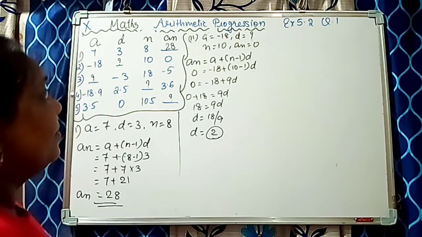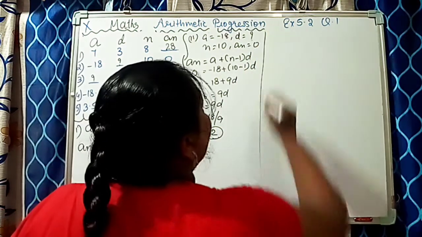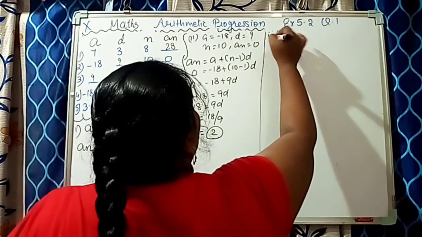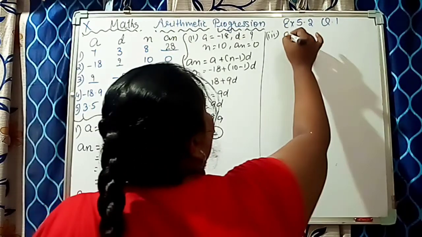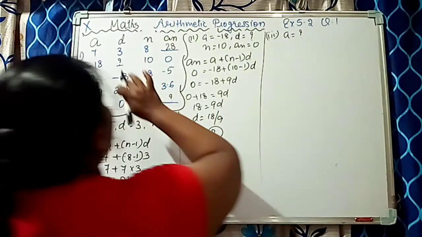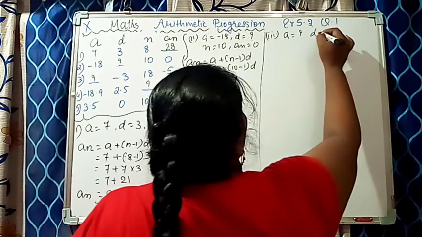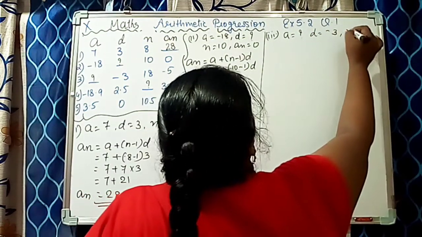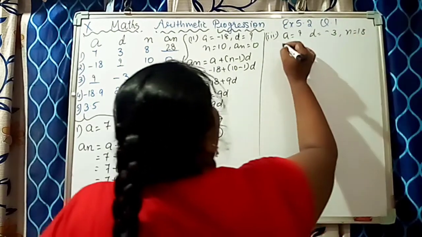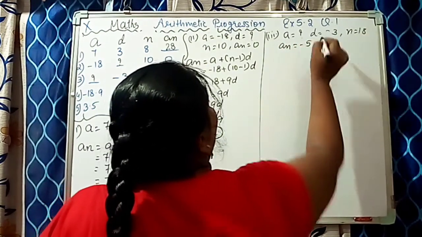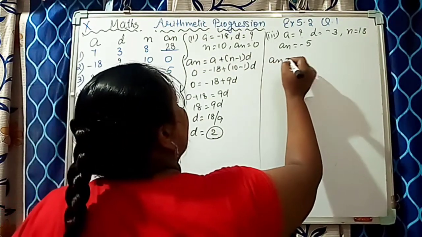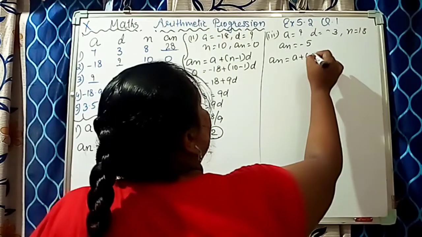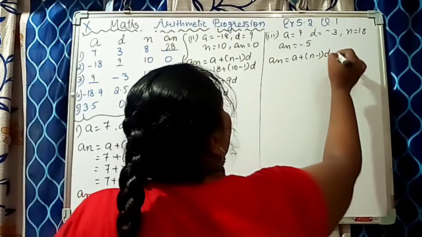Now the third sum. Here a is not given; we have to find a. d is minus 3, n is 18, and a_n is minus 5. We know the formula: a_n is equal to a plus (n minus 1) d.